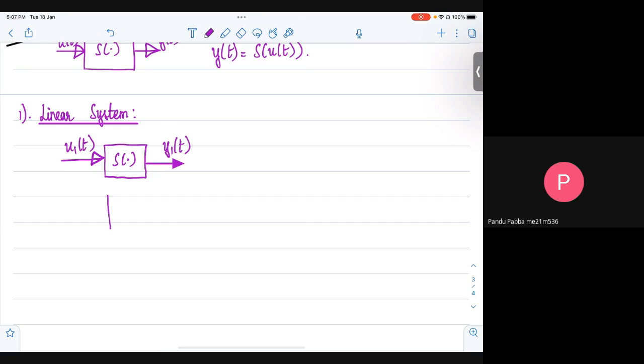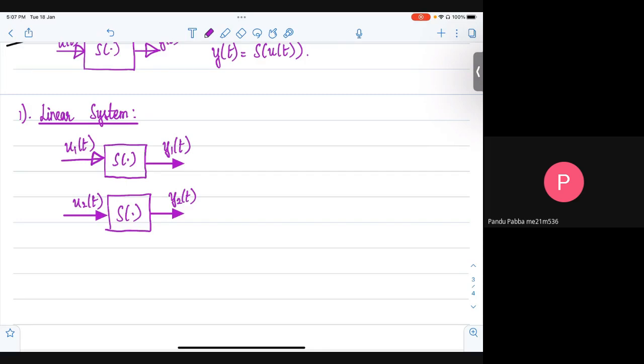Now the same system, I give an input U2 and I get an output Y2 from the same system. So in the context of our example, let us say I initially gave a steering wheel angle input of 10 degrees, right? And I got a heading angle change of, let's say, 2 degrees, right? And then I turned the steering wheel by 25 degrees. I got a heading angle change of, let's say, 5 degrees.